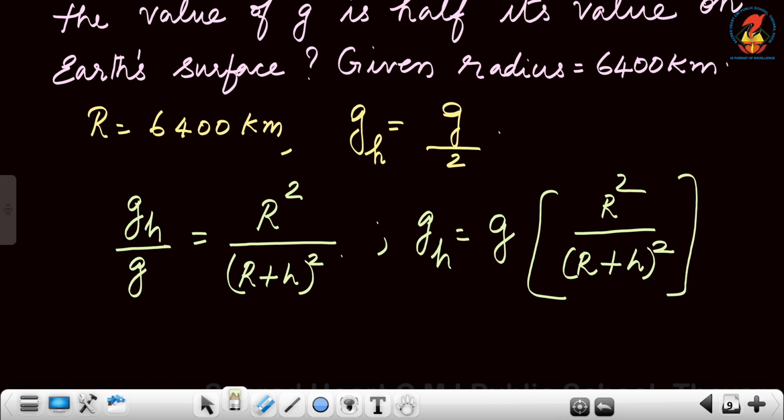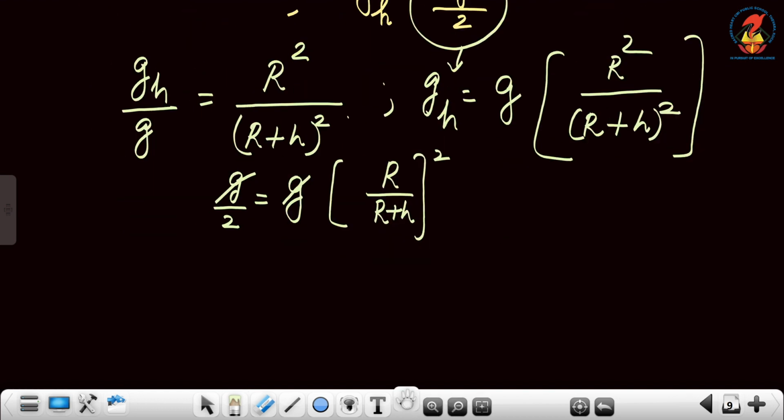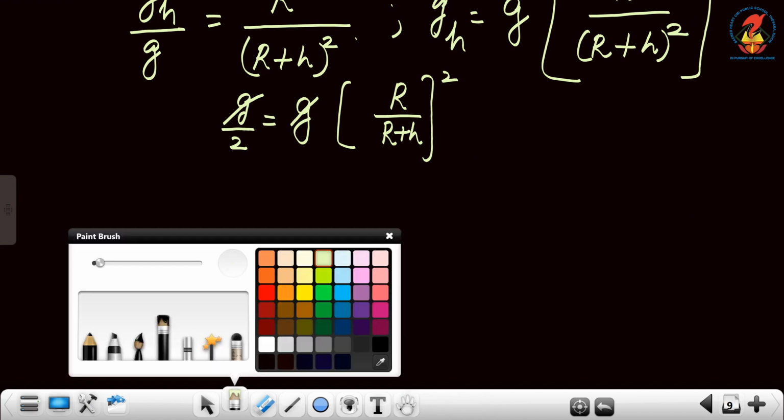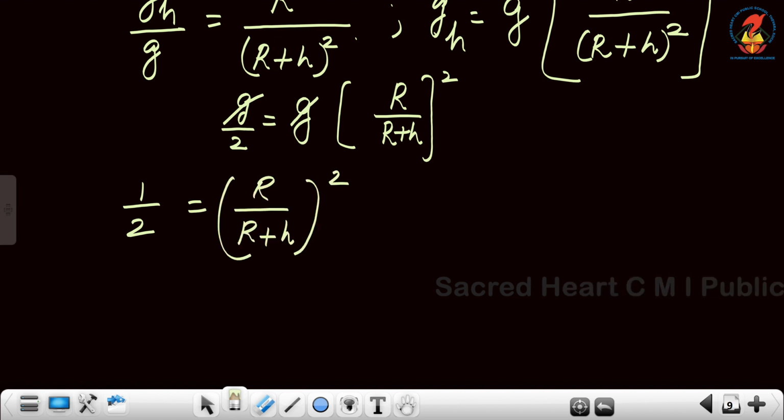Now, instead of g_h we can write g by 2. So we get g by 2 is equal to g into r square by (r plus h) the whole square. Both g are the same, so this can cancel. Or 1 by 2 is equal to r divided by (r plus h) the whole square.